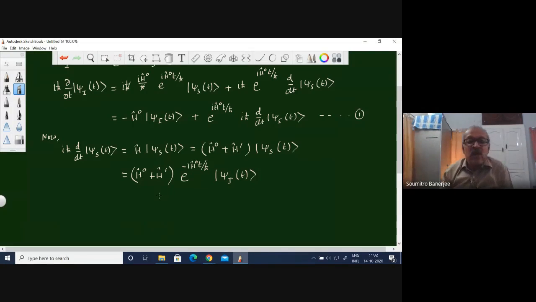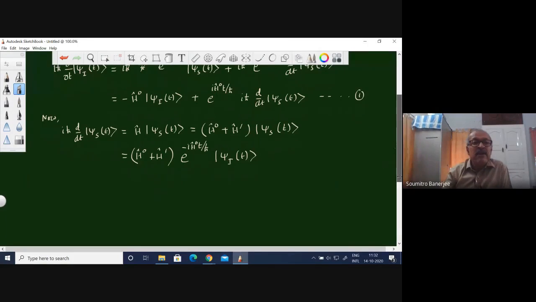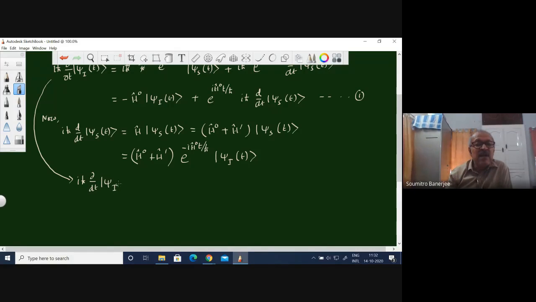Okay. So then I can substitute this here. So this equation now becomes i H cross d/dt of psi interaction of t is, first I have to write this term, minus H naught psi I of t. Then I substitute this.